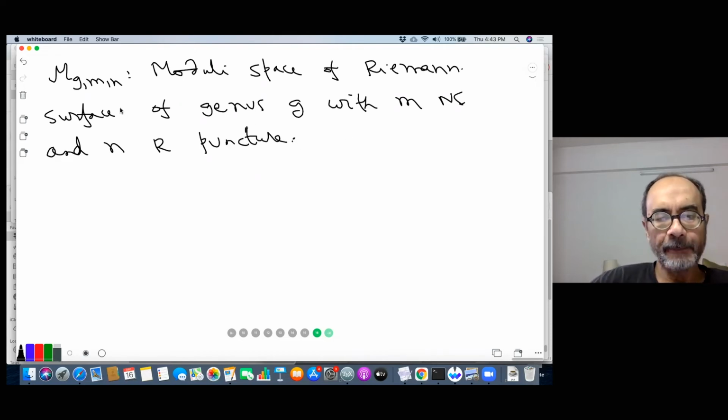Now, if you are dealing with type 2, then you have to have 4 labels, because there are NS-NS, NS-R, R-NS, and R-R. So that's why for heterotic it's just simpler to write this.